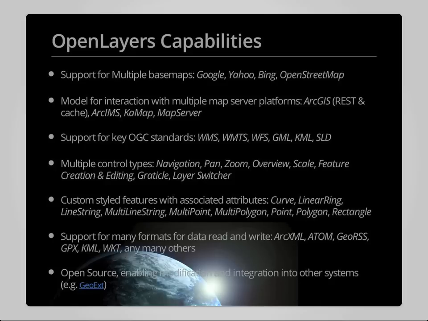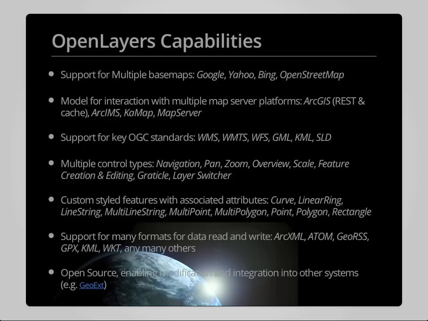A zoom control allows you to zoom in and out of the map, essentially viewing the map area interactively at different scales. An overview control provides an opportunity to see the larger context within which the current map is being viewed.